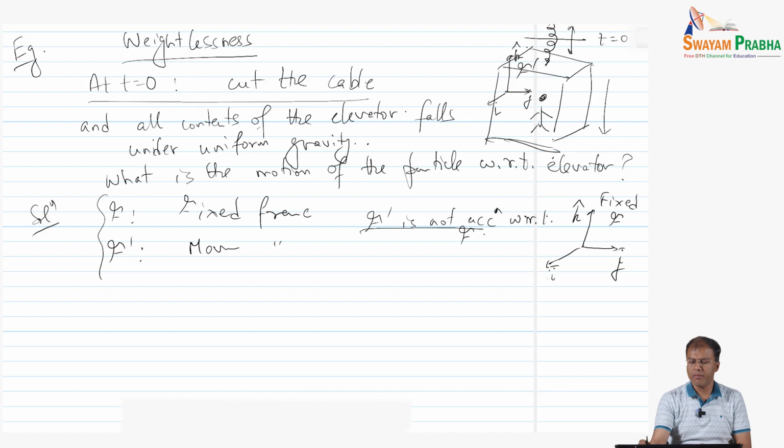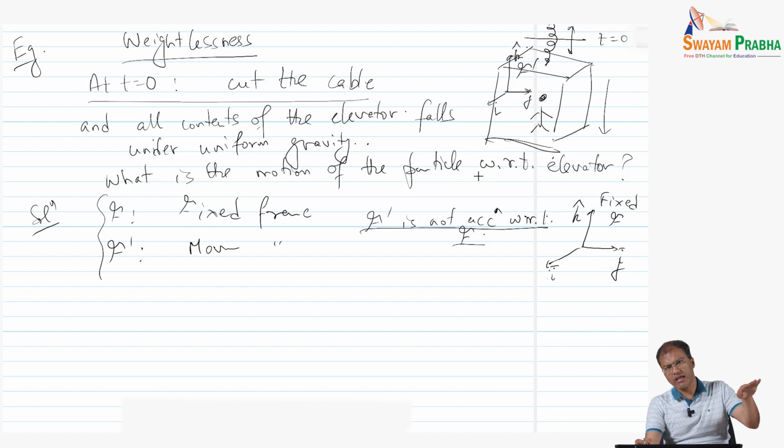right? So what does this statement mean? Both the elevator and the frame F prime are getting accelerated. Once you cut the cable, they are going to fall and they will experience an acceleration g, right?